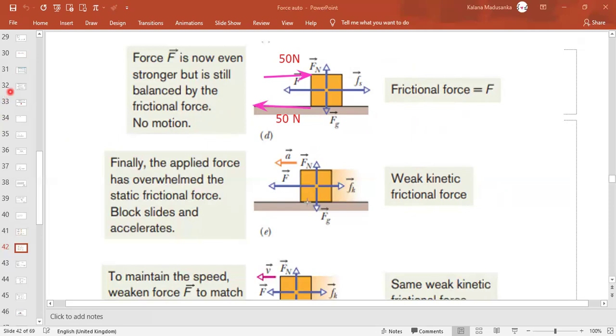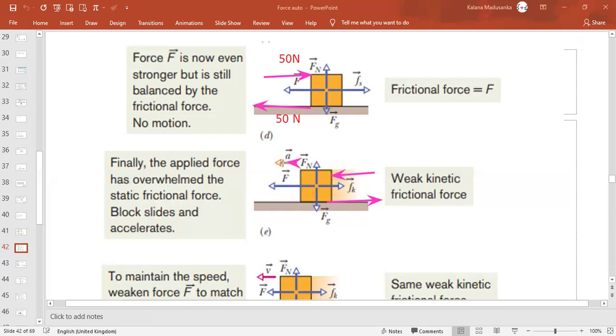Now it is the same case. Okay, let's look at this one. So basically the force is applied in this direction and the friction is in this direction. However, the applied force is increased or larger than the static friction force.